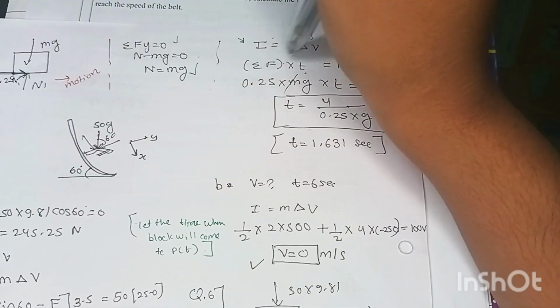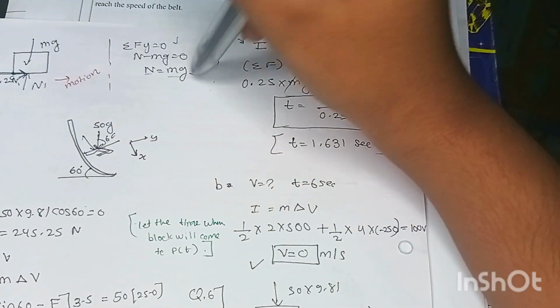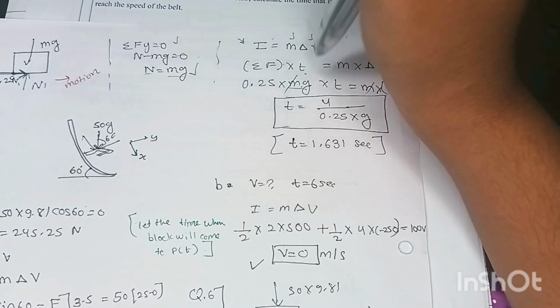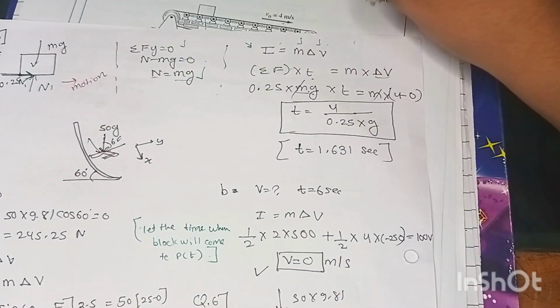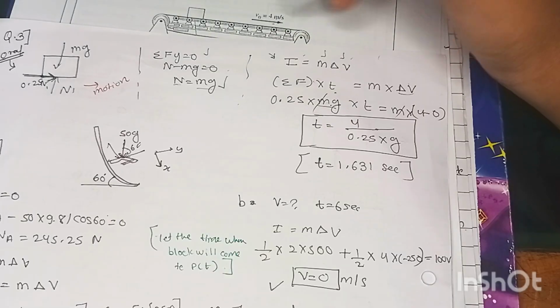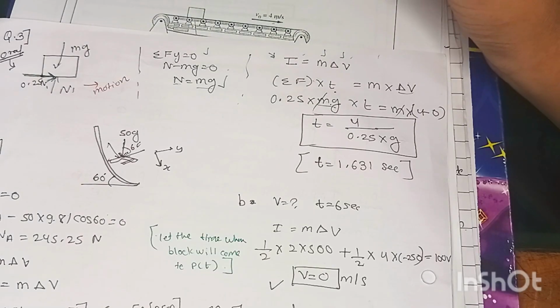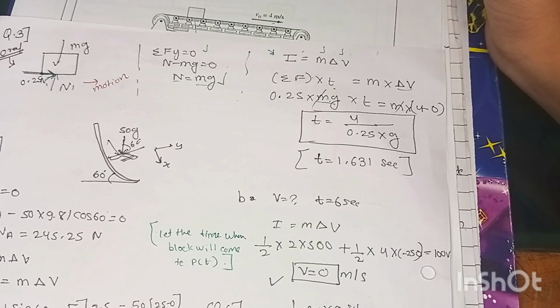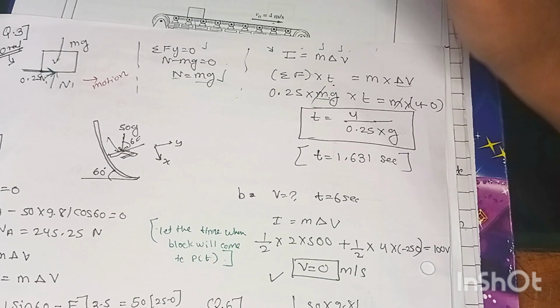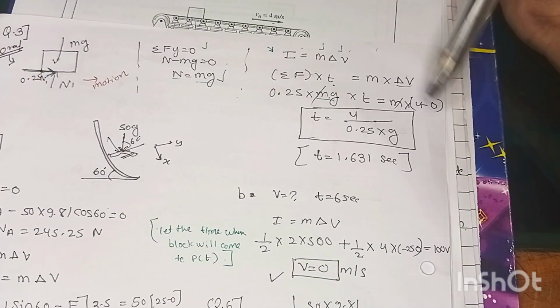For N1 we have the value mg, so write down mg here, equal to mass into velocity. The final velocity is given in the question, that is 4 meters per second, and initially the body is at rest, so you have to consider it as 0.